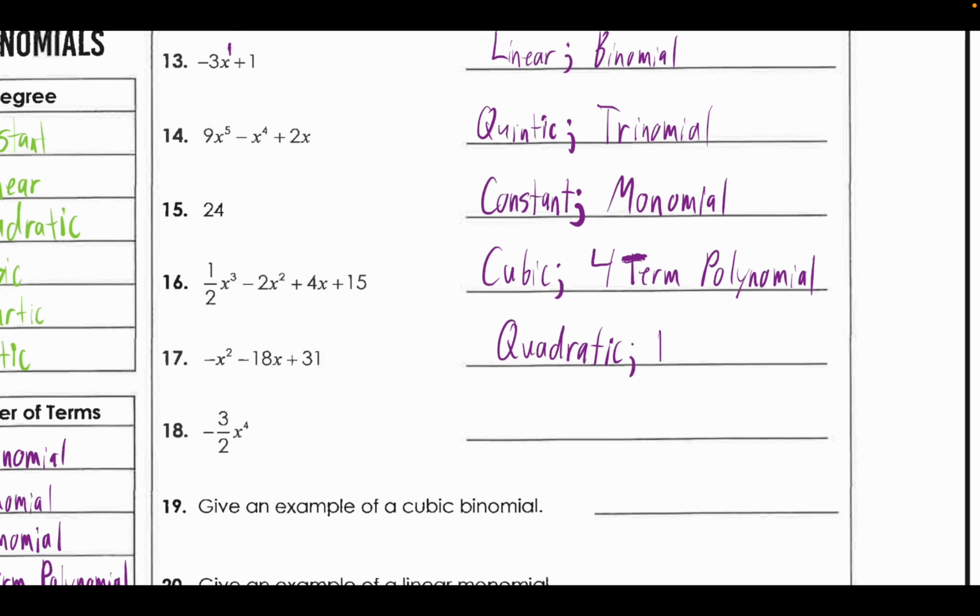And then there are 3 terms, so it's a trinomial. On number 18 here, it is 1 term only, with a highest exponent of 4, so a degree of 4, which is quartic, quarter. And it is a monomial, which once again, as I mentioned earlier after number 15, all constants are monomials, but not all monomials are constant.